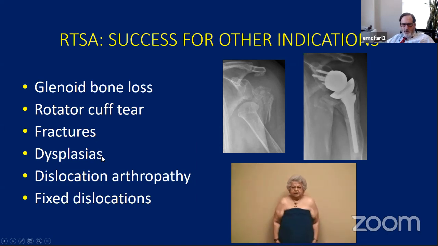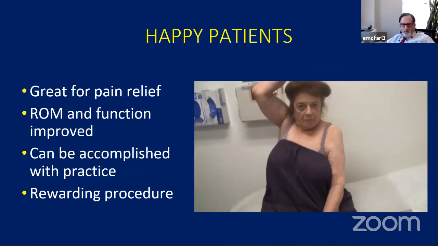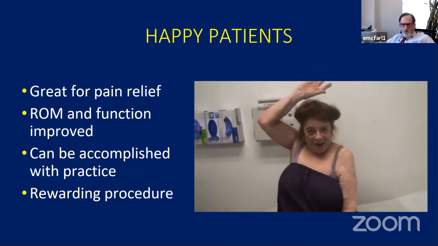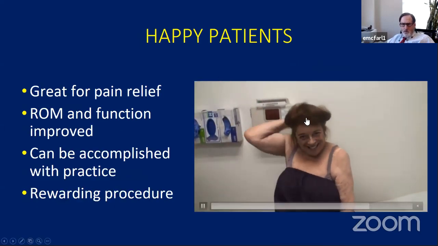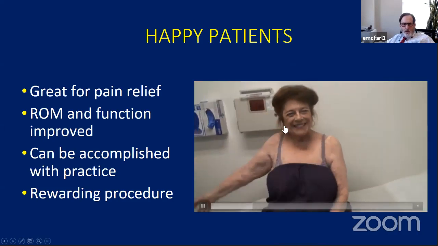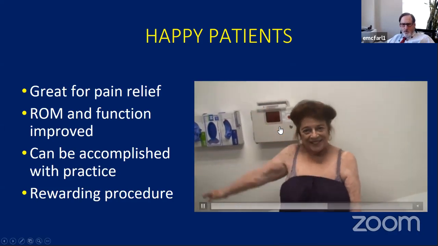Fractures we talked about, there are some weird dysplasias or rheumatoid arthritis where the rotator cuff is about gone. Dislocation arthropathies, reverses do great. People have fixed dislocations. Those are rare indications. But again, there's lots of ways you can use a reverse for these varieties of things. So the goal, of course, most of us want a happy patient who doesn't have much pain, and they should have good range of motion and function.